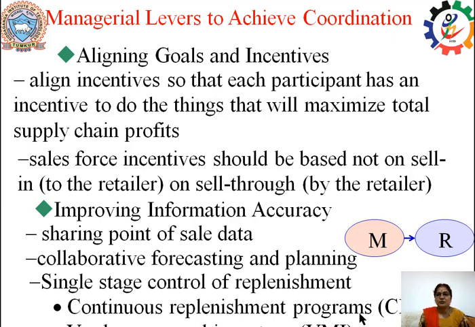Both are the same, the only difference is the inventory at the retailer. If the retailer is the owner, then it's called CRP. If the manufacturer is the owner of the inventory at the retailer till it gets pushed to the customer, then it is called VMI, vendor managed inventory. If the onus is on the manufacturer, then it is called VMI.